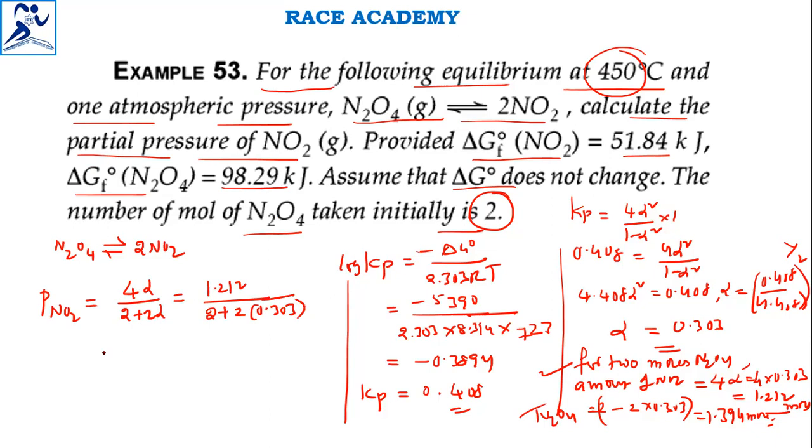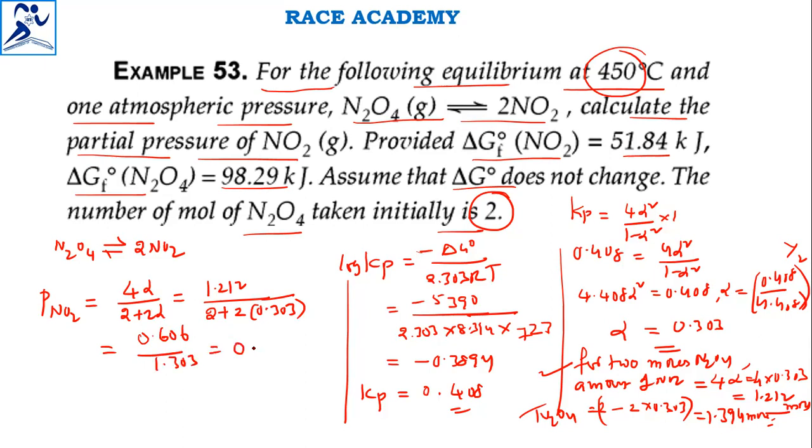So finally, upon simplification, this will be equal to 0.606 by 1.303.